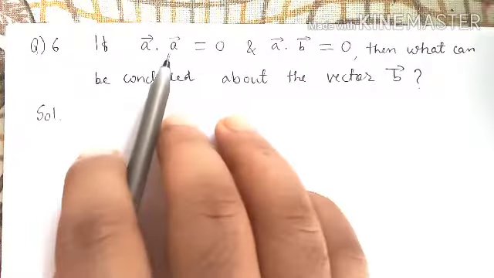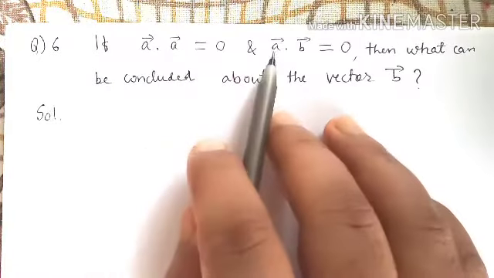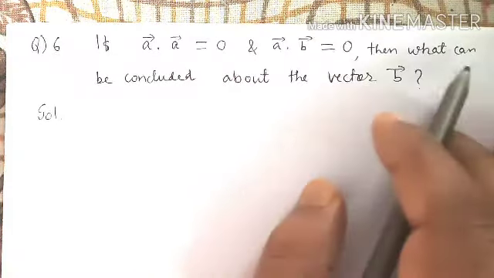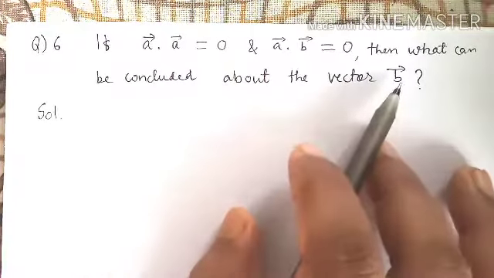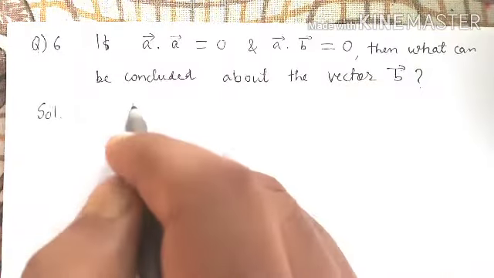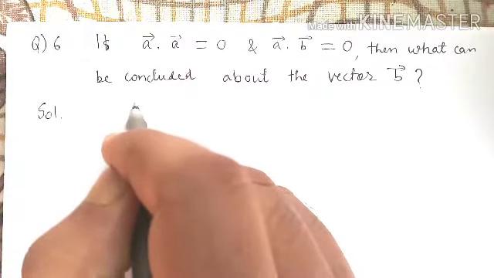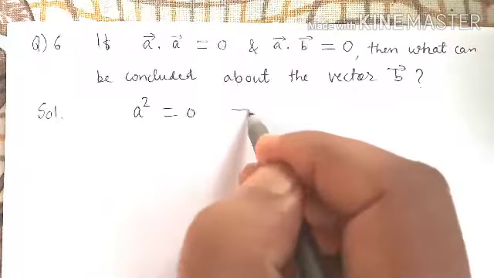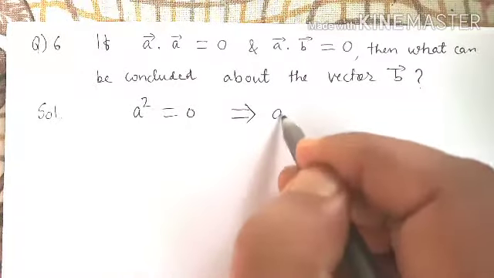If vector A dot vector A is equal to 0 and vector A dot vector B is equal to 0, then what can be concluded about the vector B? Vector A dot vector A is equal to A square, which is equal to 0. This implies that A is equal to 0.